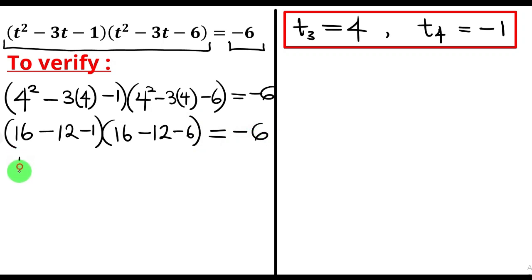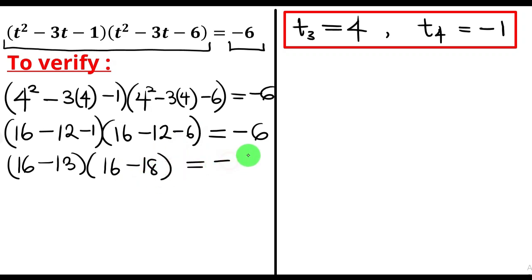So here I have 16 minus 12 minus 1, that's going to be minus 13 here. Then at the other side I have 16 here as it is, then minus 12 minus 6, that's going to be minus 18.